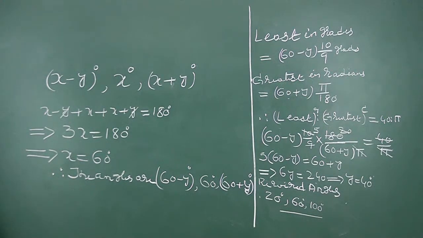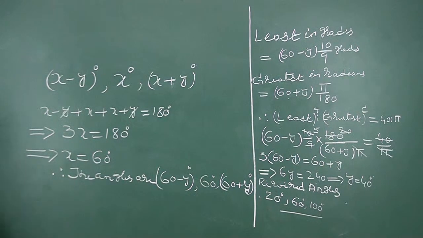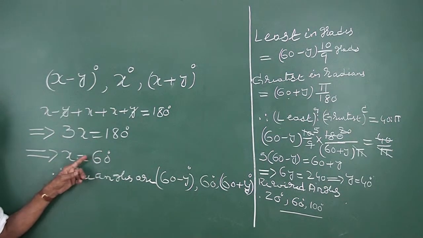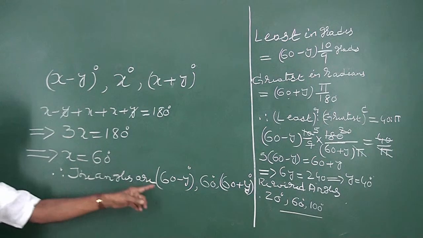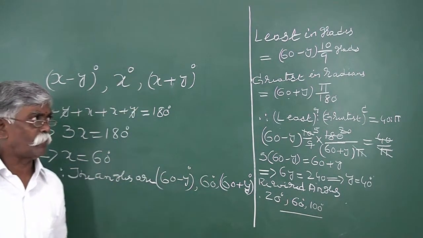Hence x minus y plus x plus y is equal to 180 degrees, and this implies 3x is equal to 180 degrees, thereby x is equal to 60 degrees. And by substituting the value of x, that is 60, we get 60 minus y, 60, and 60 plus y.